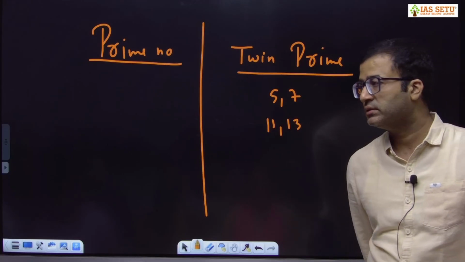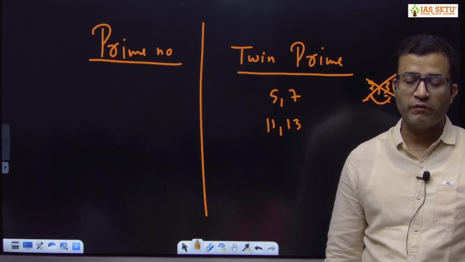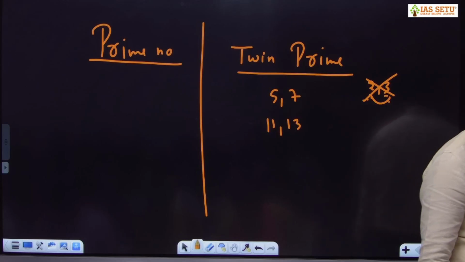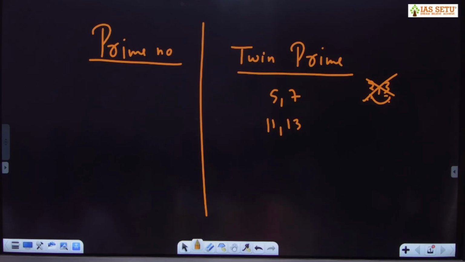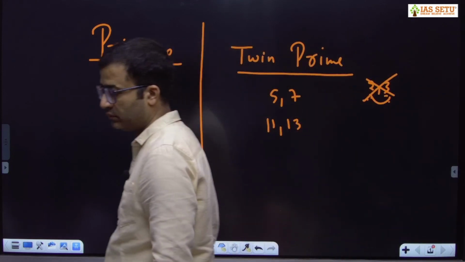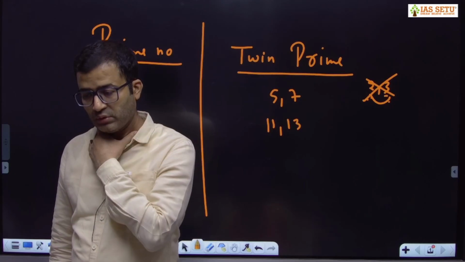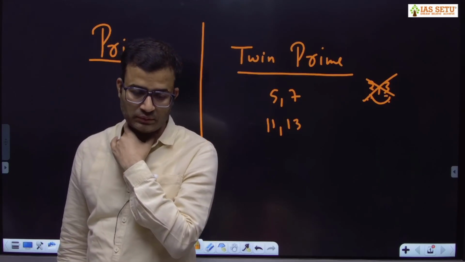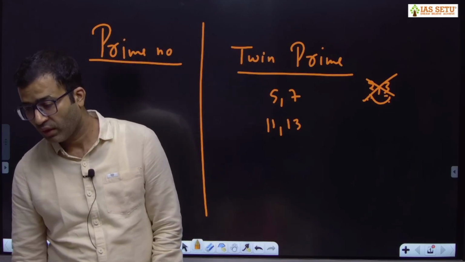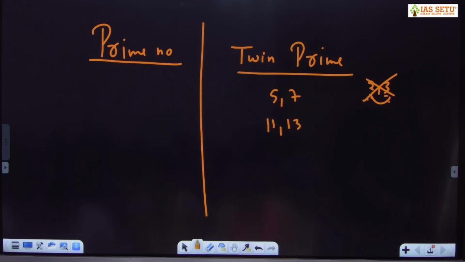You write a question. From 1 to 100, how many pairs of twin primes are there? Check. Take your time. I repeat the question: from 1 to 100, how many pairs of twin primes are there?